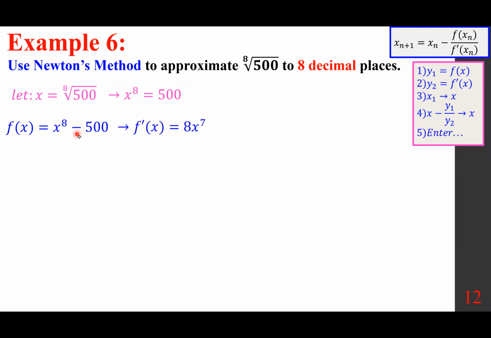And then the formula is x sub n plus 1 is x sub n minus f of x sub n, which is x to the power of 8 minus 500 over f prime, which is 8x to the power of 7. So I'm going to write this for some numbers such as x sub n.